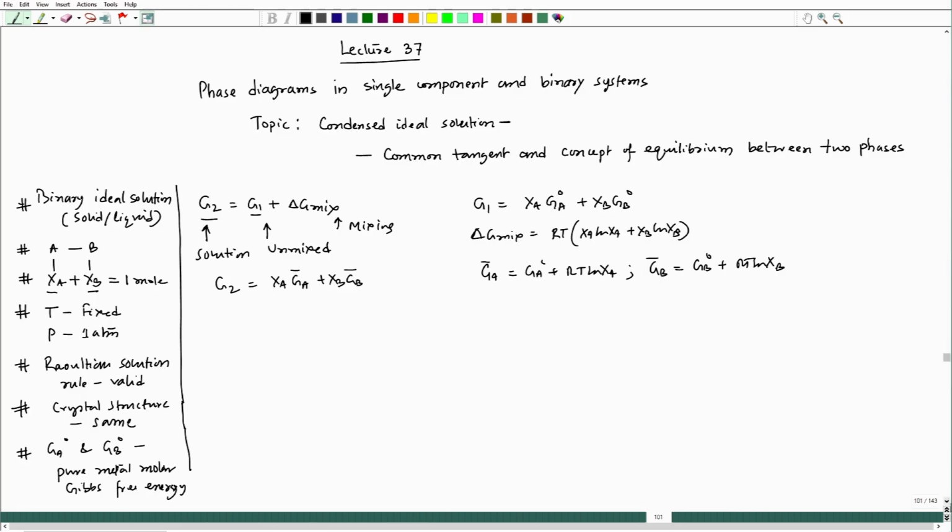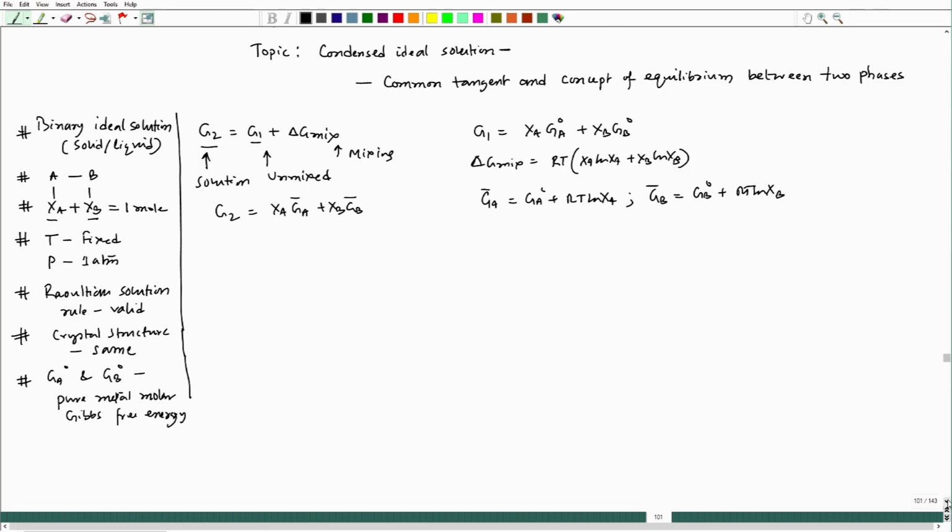Now, we have actually seen how G2 comes up on a G versus X plot, that is a free energy composition plot. So, this is G versus XB plot.